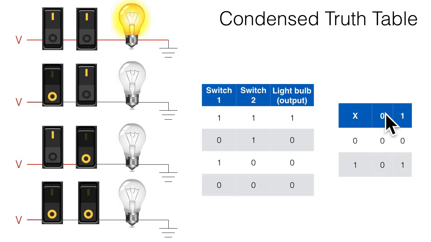Everything in between here is the output. So if I'm down here and I say, here's switch 1, here's switch 2, and they're both off. See if you can figure out what the output is. Yes, you know it's 0. You would go switch 1, come down to switch 2. That state is also off, and right there is the output of the light.